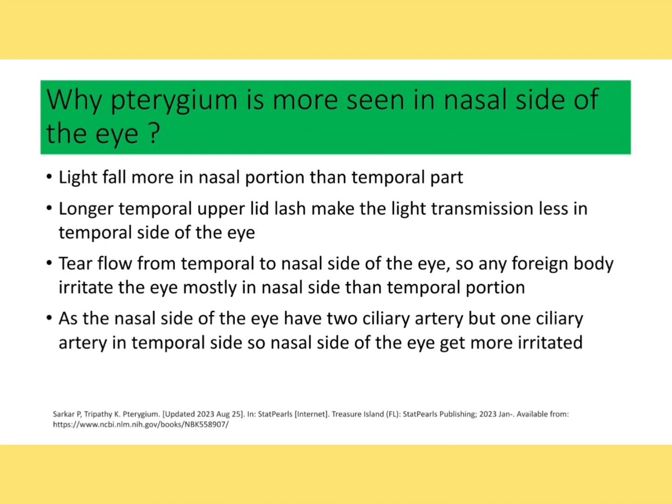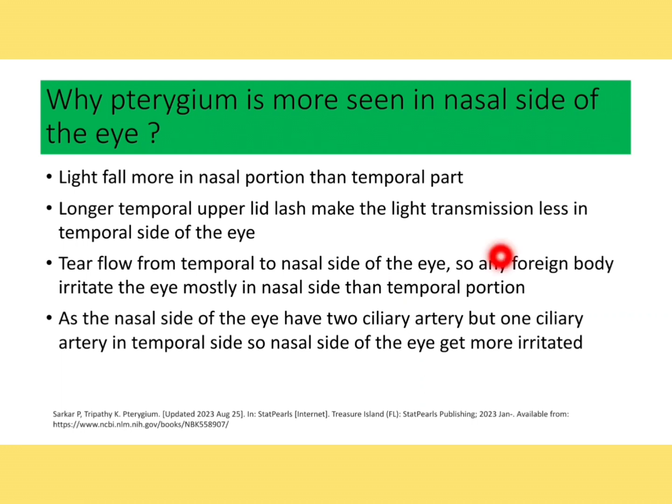Another thing is tear flow from the temporal side to the nasal side of the eye. Tear is secreted from the lacrimal gland, and via the lacrimal duct it reaches the superotemporal fornix, and from there tear reaches the upper and lower marginal strip, and with every blink tear flows from the temporal side to the nasal side.